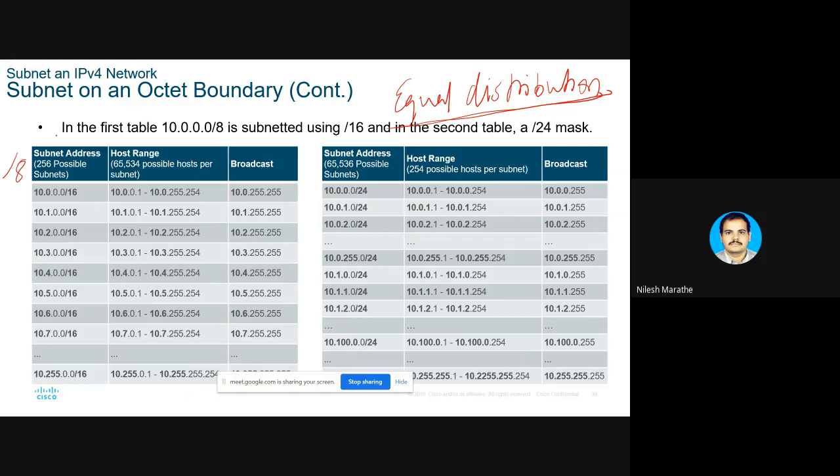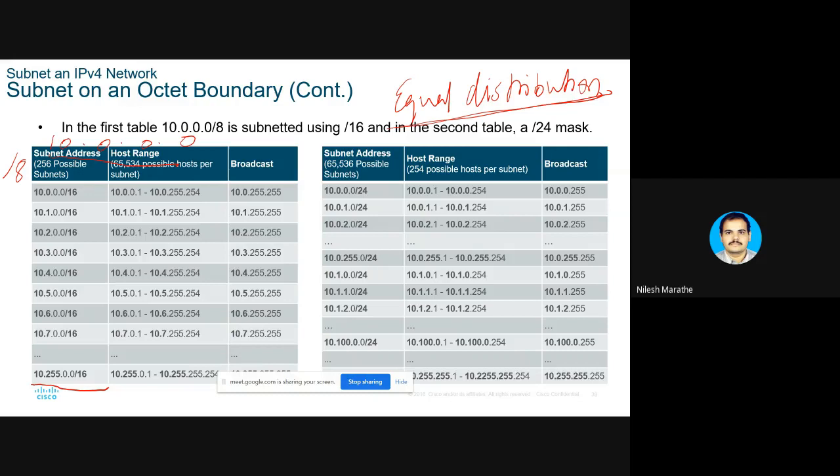The allotted IP address is 10.0.0.0. So how many equal portions can we divide it into? Suppose I have taken a complete octet. It starts from 0 to 255. The starting address is 0 and the last address is 10.255.0.0. Is this clear? Yes, sir. That is just how they have shown we can do this. Nothing else.